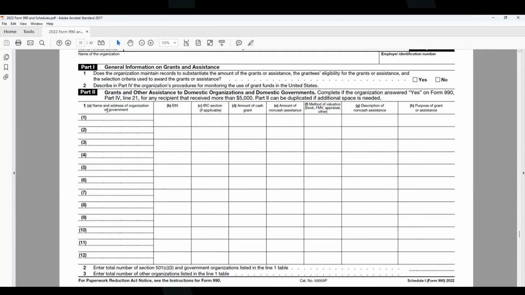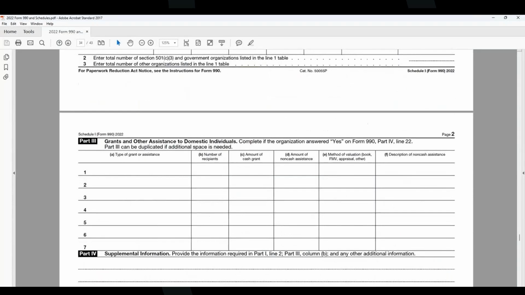This is where you would list the name and address of the organization, their EIN, the amount of the cash grant, or if it was a non-cash contribution, you describe that here and the amount, and then also the purpose of the grant. So this is listed by organization or by government if they received more than $5,000 from your organization.